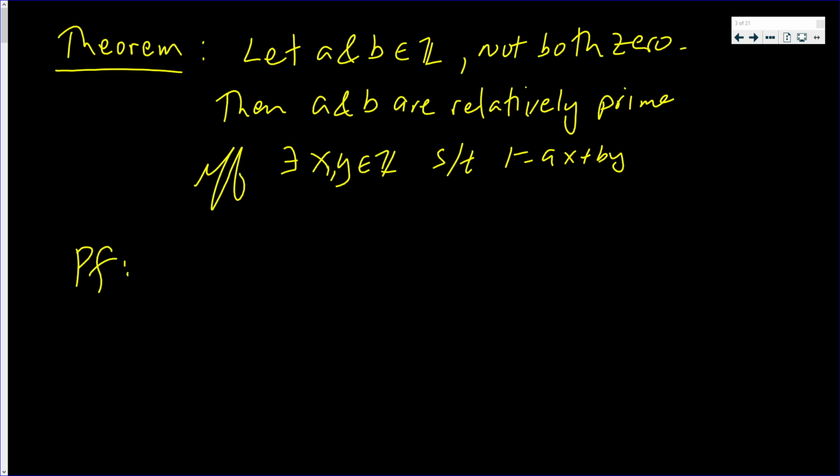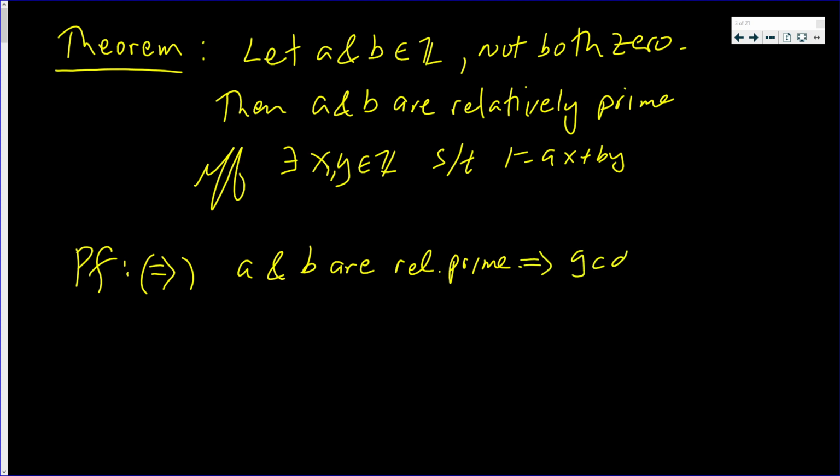Proof. So what we have here is a and b are relatively prime. But that implies that the GCD of a and b is 1. That's the definition of relatively prime.